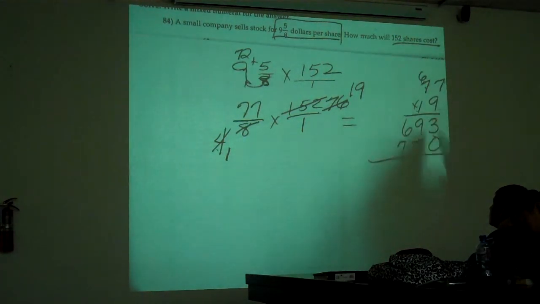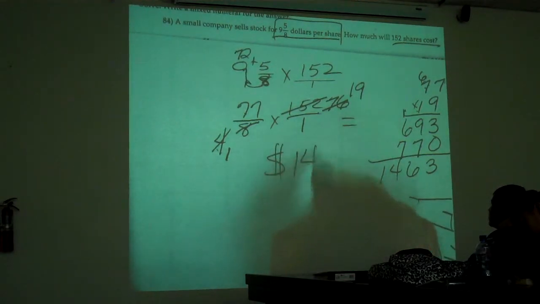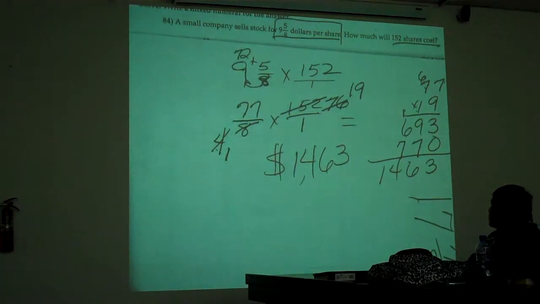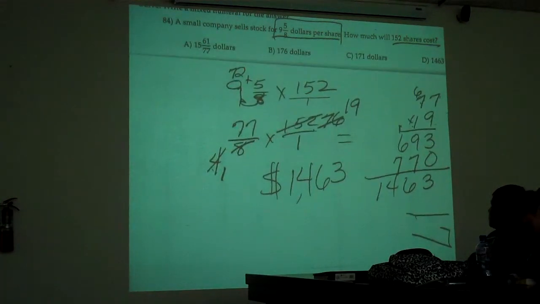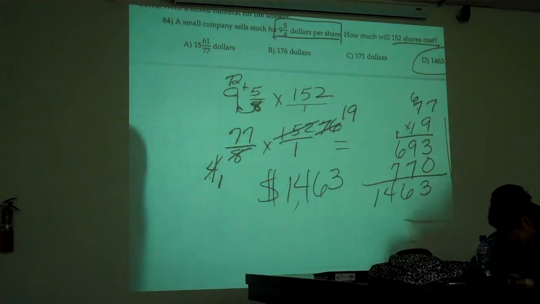Keep these lined up good. 9 plus 7 is 16, and that's 14, right? So it cost you $1,463 for 152 shares. And there it is right there. Answer D.